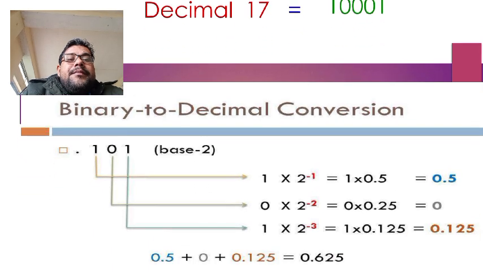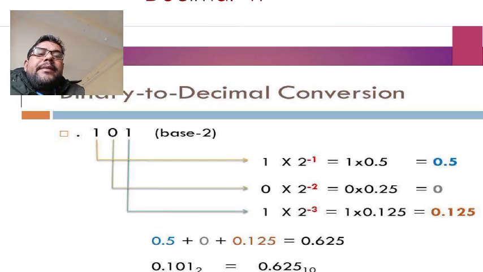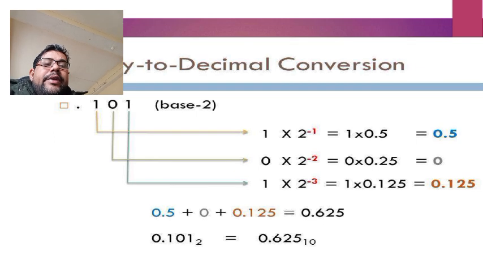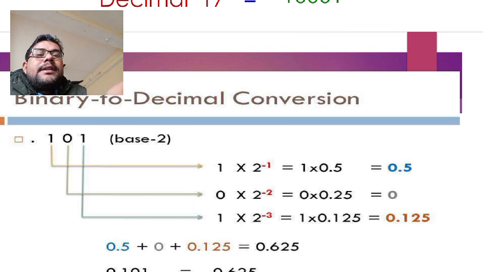Suppose this is the binary number. We want to convert this number to its decimal equivalent. We should start from the left side. First, the left side number is multiplied by 2 to the power minus 1, because 2 to the power minus comes when the numbers are after the point.